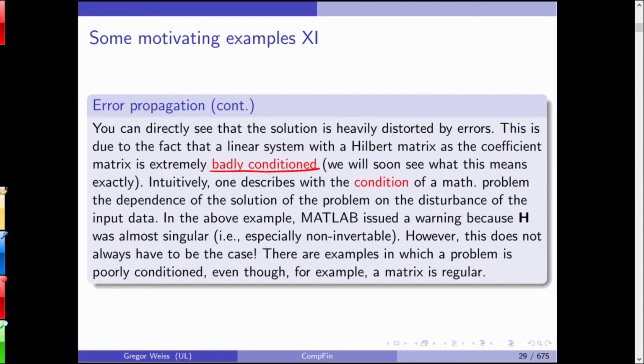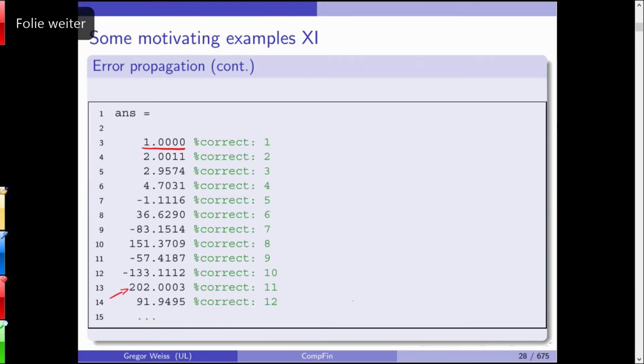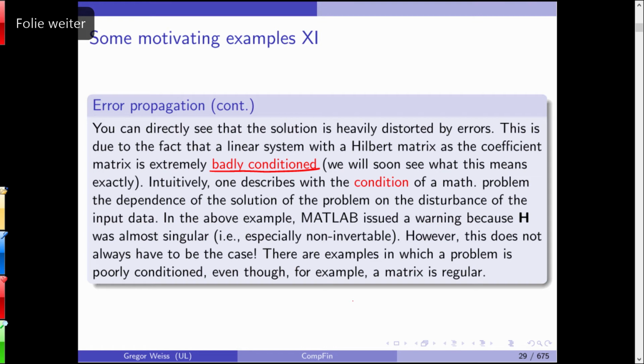And in this case, MATLAB issued a warning. It told us that the matrix H is close to singular, but this is not necessarily the case. It could be that the problem is badly conditioned, but it could also be that the matrix is not close to singular. So the warning is nice, but you have no guarantee that MATLAB will always issue such a warning. Okay.